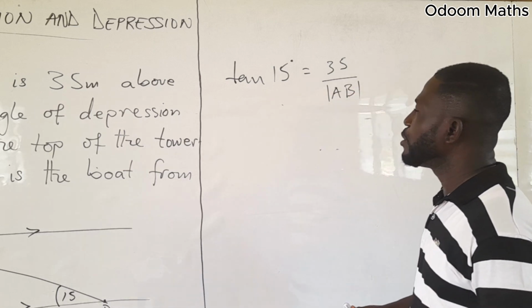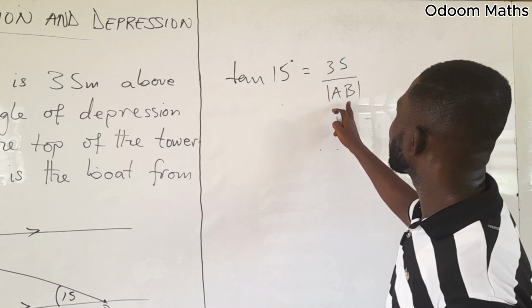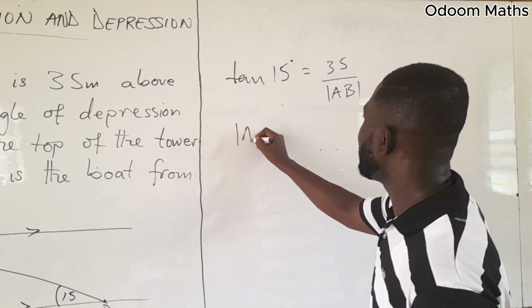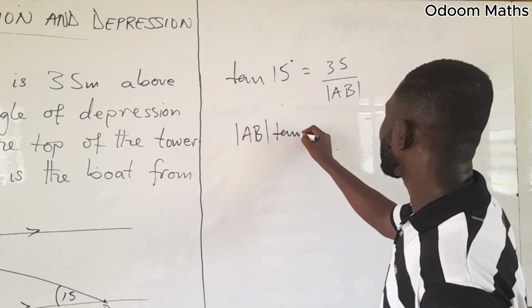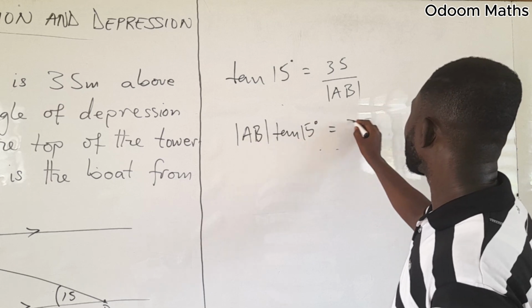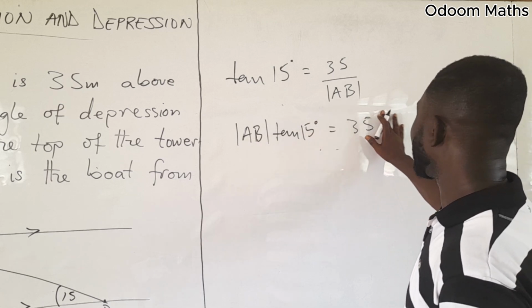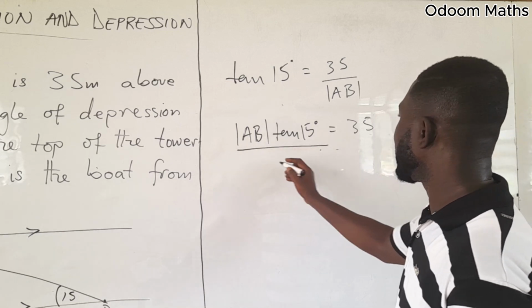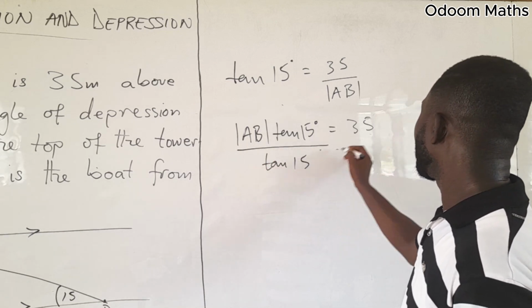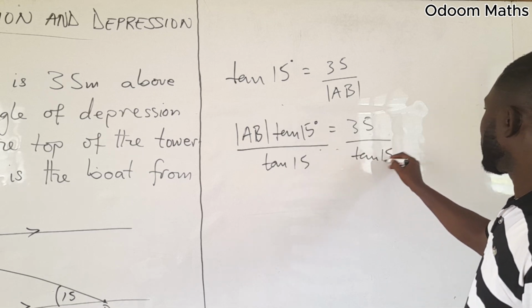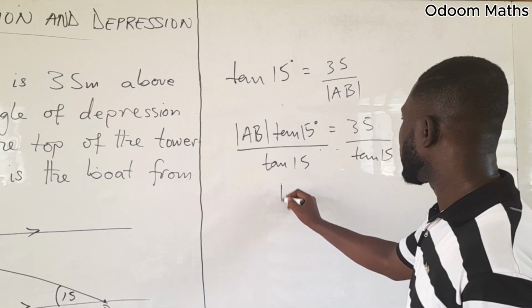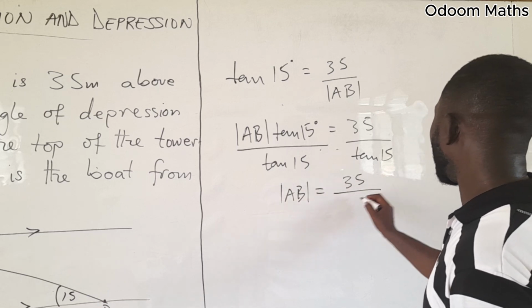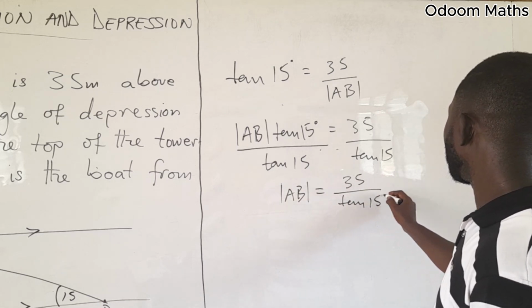Now we cross multiply, so AB tan 15 equals 35 meters. We divide both sides by tan 15 since we want the distance AB. So the distance AB is going to be 35 over tan 15.